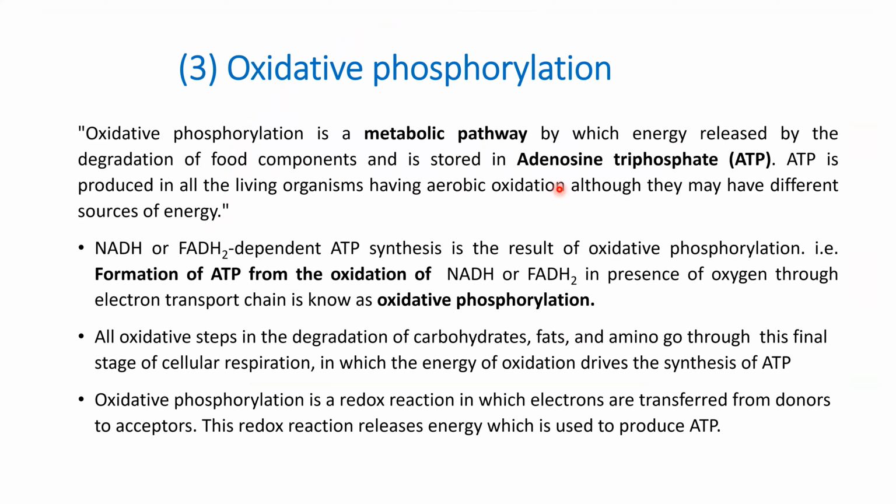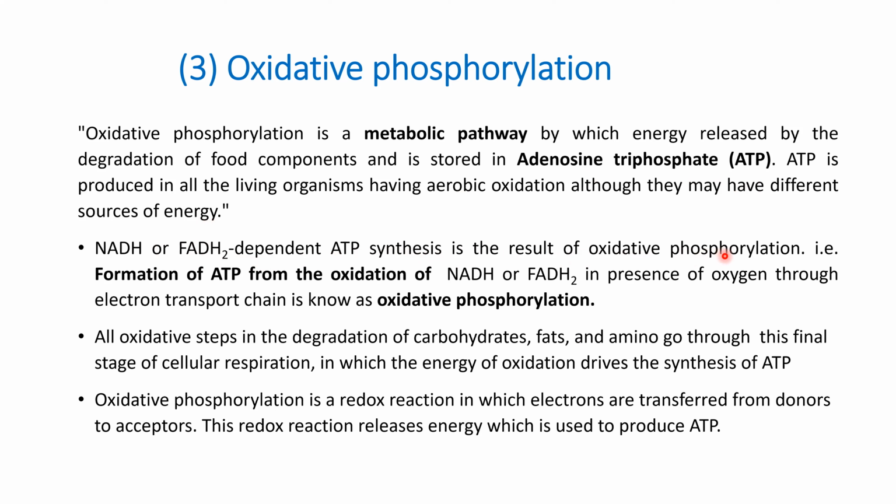So this is the important point, that we are talking about aerobic oxidation, where the presence of oxygen is necessary. This is not an oxygen-minus environment, but one with a surplus of oxygen. Although they may have different sources of energy, NADH or FADH2 dependent ATP synthesis is the result of oxidative phosphorylation.